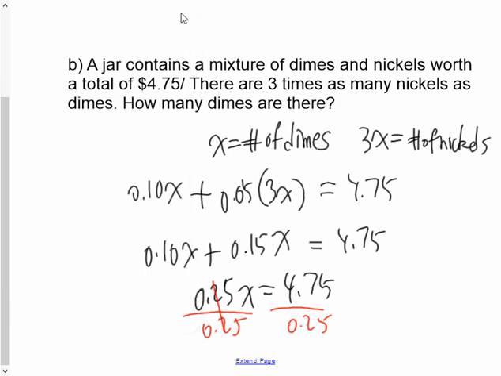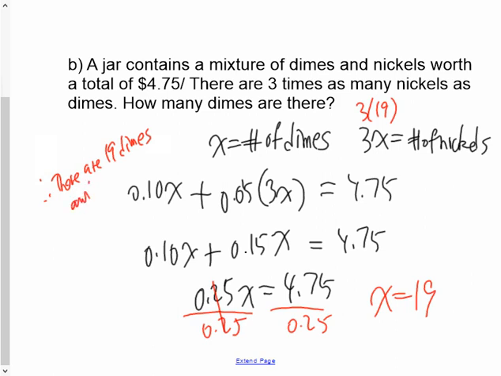So if I go back to this, x will equal 19. Since x equals the number of dimes, therefore, there are 19 dimes. And if there's 3 times as many nickels, there are 57 nickels. And if you do the math on that, it should work out to be 4.75.